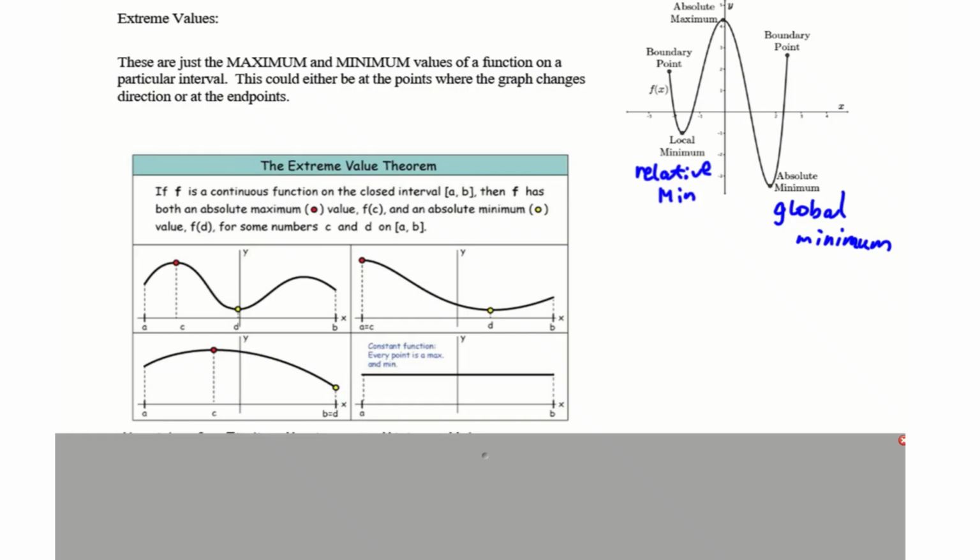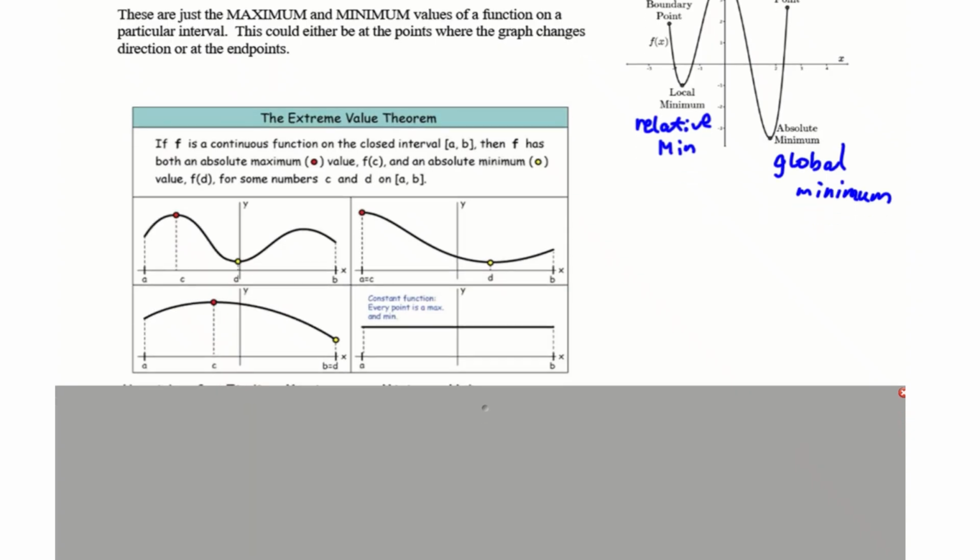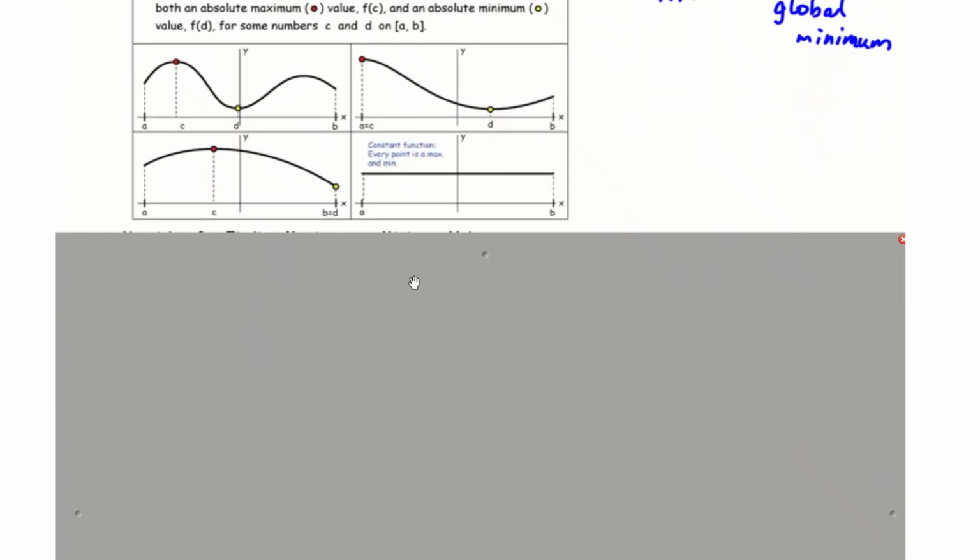So in this lesson, we want to find the local maximum, local minimum, absolute maximum, and absolute minimum. We are going to practice two types of questions: one is graph given, another is expression given.